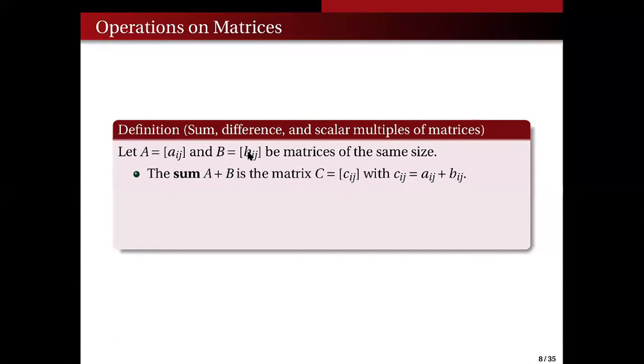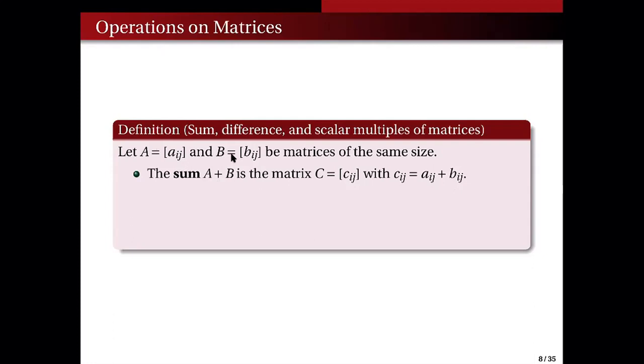This means that you add their corresponding entries. A11 should be added to B11. A12 should be added to B12. Okay? Aij should be added to Bij. And that's why we need these two matrices to be of the same size.